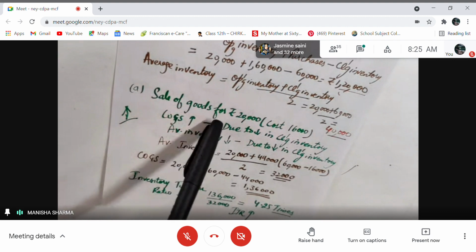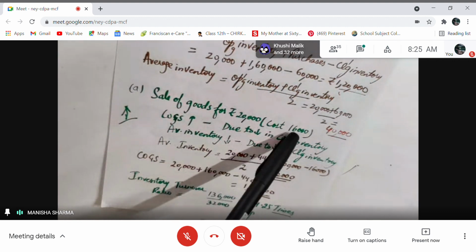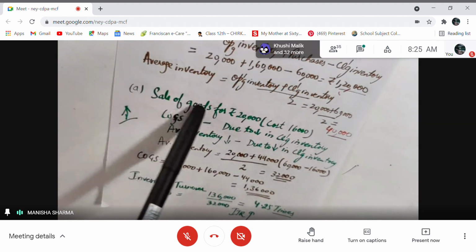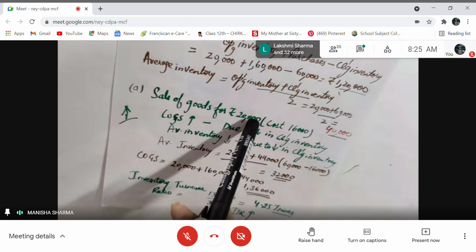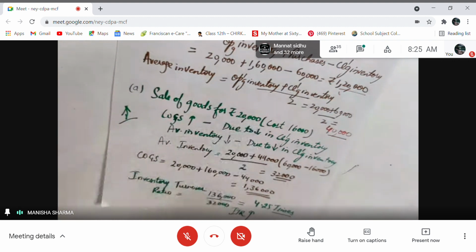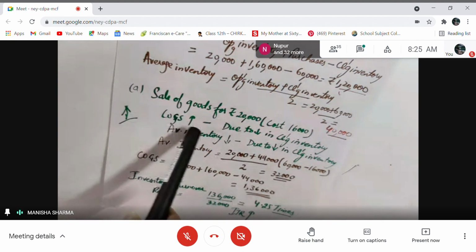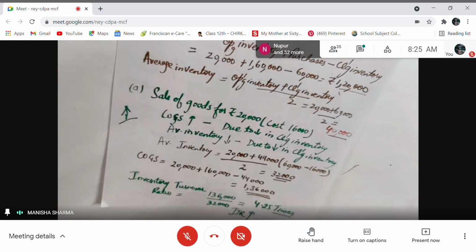Now, sale of goods for 20,000, cost is 16,000. So what will be the impact? Due to sale of goods, closing inventory will reduce. So COGS will increase. Why will COGS increase? Due to a decrease in closing inventory.